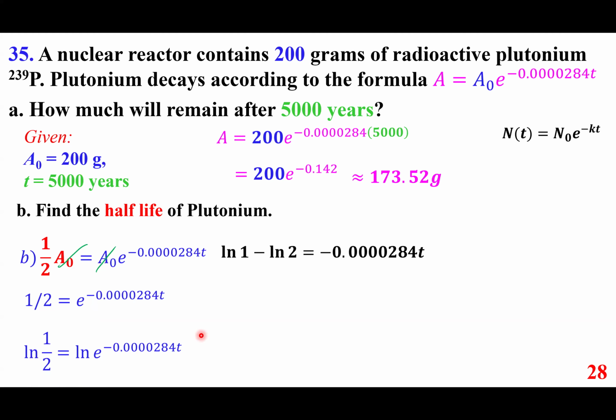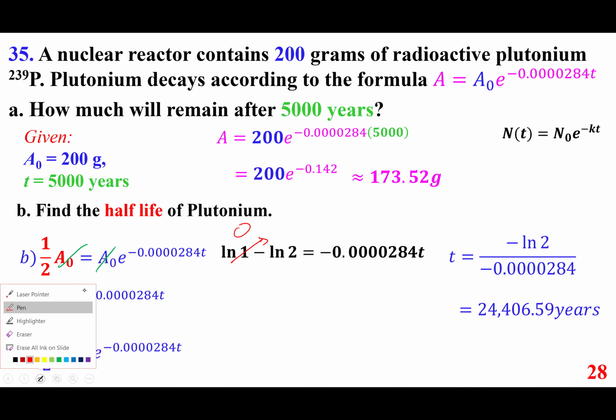We should know that ln 1 is 0. So t is negative ln 2 divided by negative 0.0000284. And if you plug it in, it becomes 24,406.59 years.